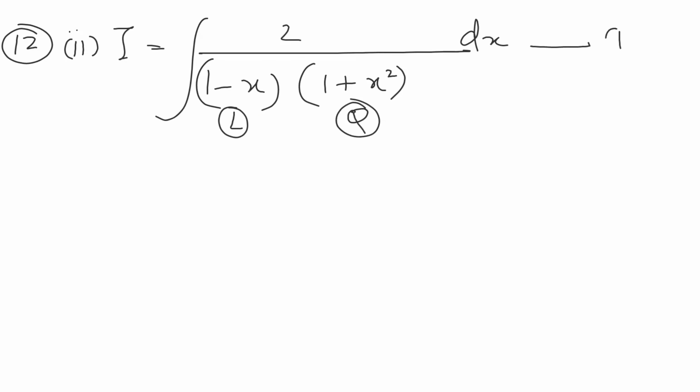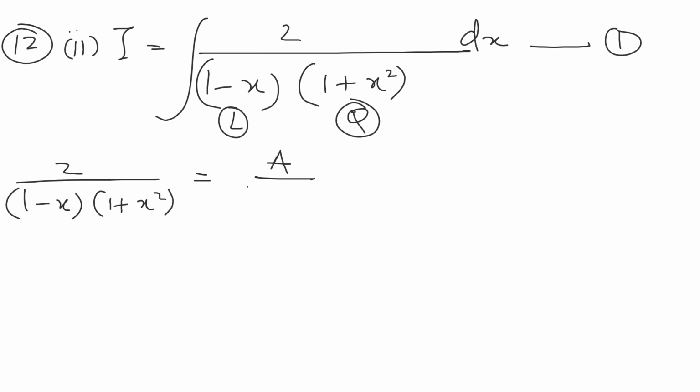So we'll write this as equation number 1. 2 upon 1 minus x, 1 plus x square is equal to a upon linear factor plus bx plus c upon quadratic factor.